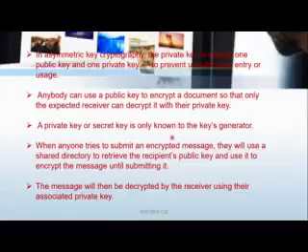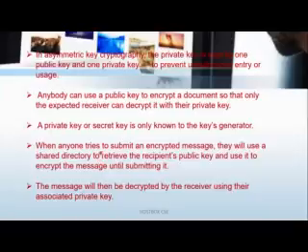Here we follow a mathematical formulation, so no one can easily enter and hack the information. A private key or secret key is only known to the key generator. When anyone wants to submit an encrypted message, they use a shared directory to retrieve the corresponding public key and use it to encrypt the message before submitting it. The message will then be decrypted by the receiver using the associated private key.